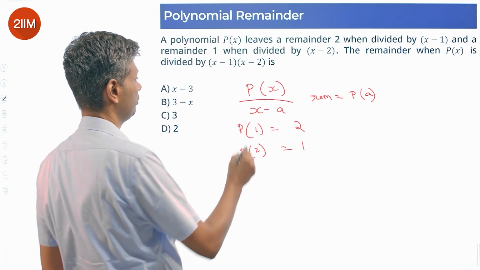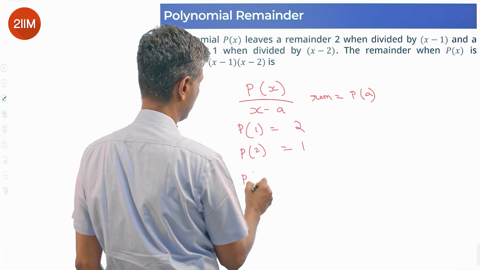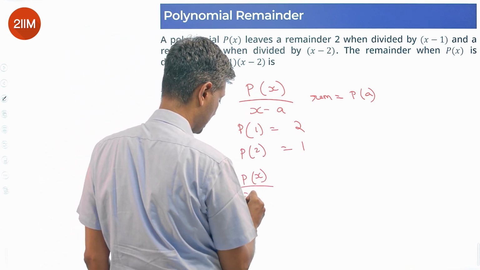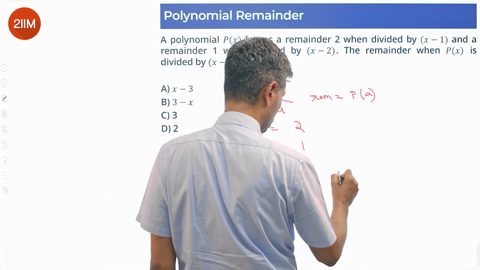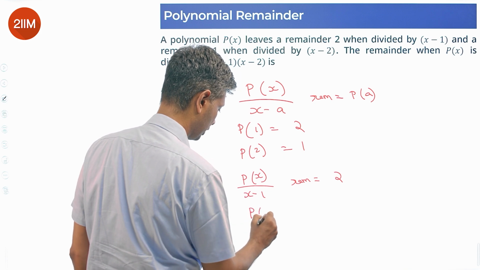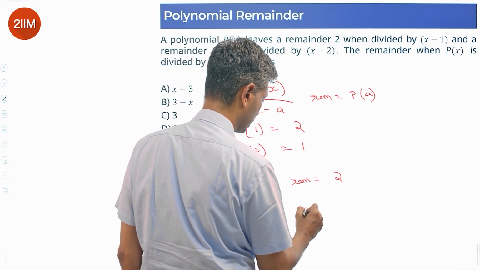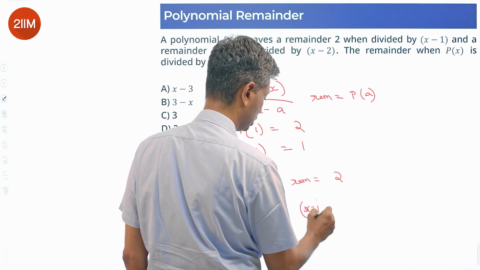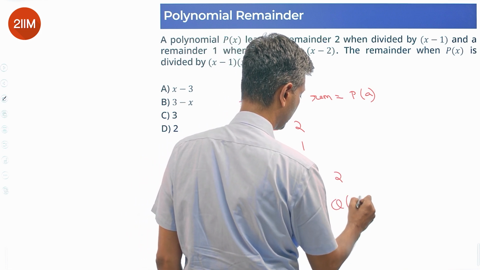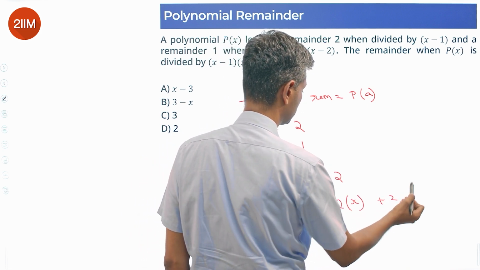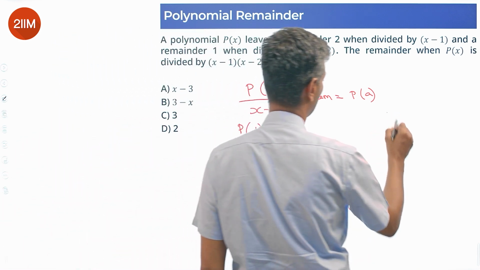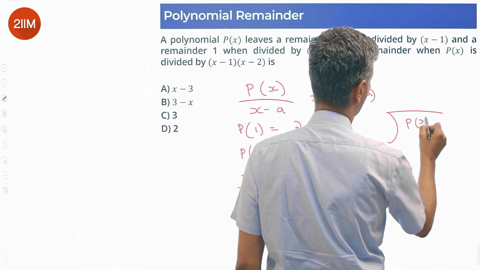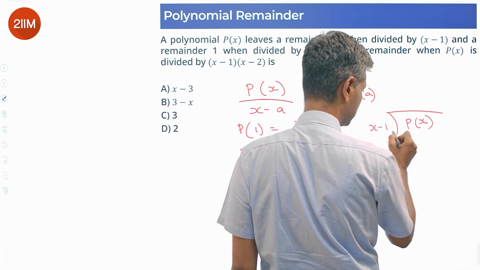What do we do? We reframe this. P of x by x minus 1, remainder is 2. This means p of x is x minus 1 times some q of x plus 2. You have p of x divided by x minus 1.